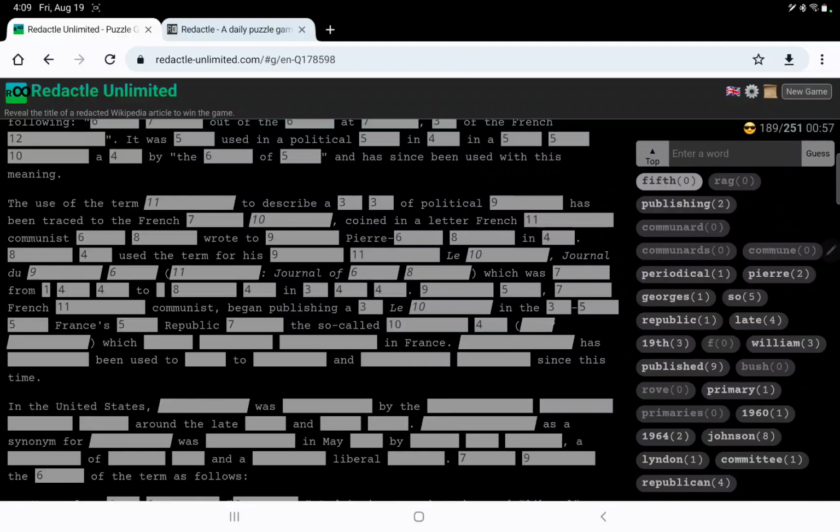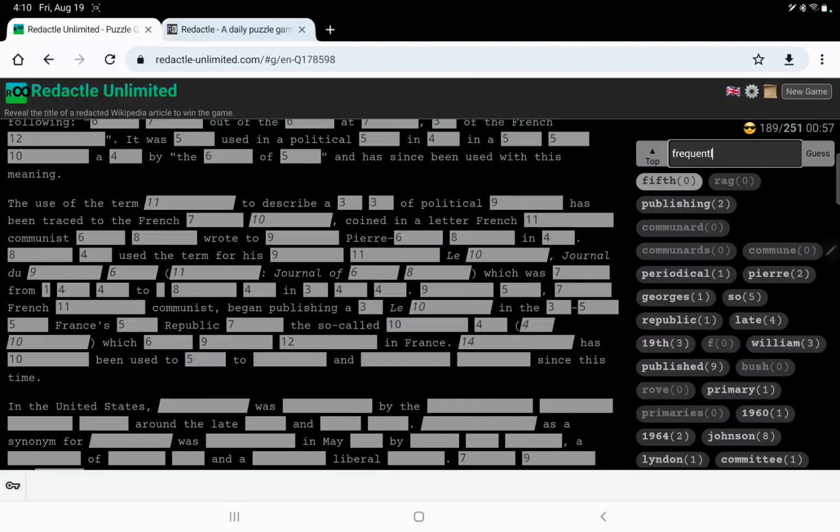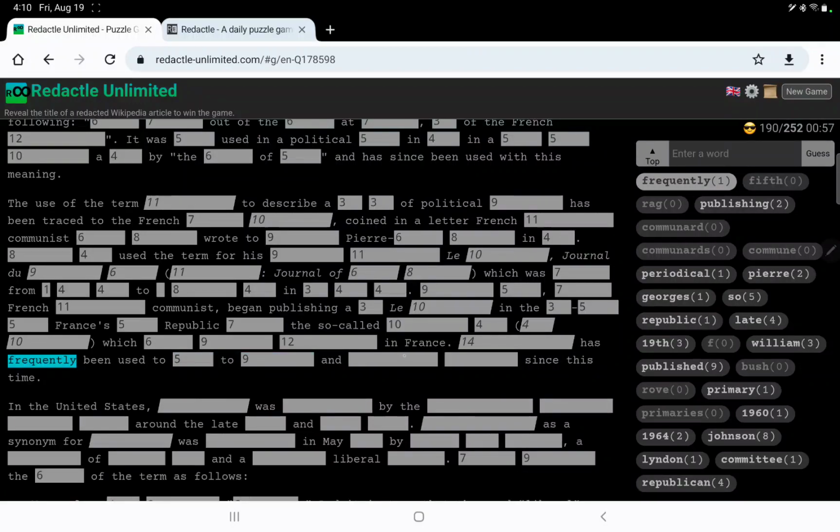The so-called 10/4, 4/10, which 6/9, oh my goodness, 14 has sometimes, frequently, been used to 5 to 9 and 11 9 since this time. I don't know what that is.